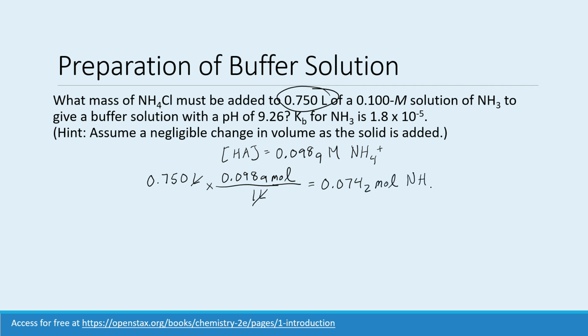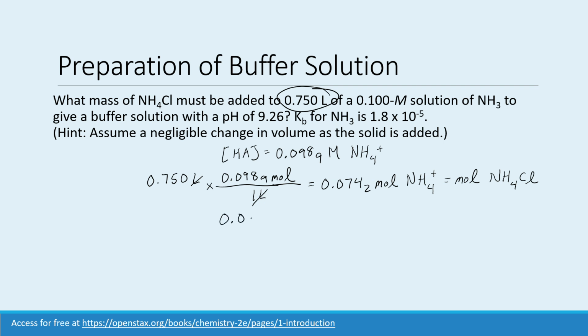moles. And remember that however many moles you have of that ammonium ion, you have the same amount of moles of the original compound, that NH4Cl, because it's all a 1-to-1 ratio. And so if I've got the moles of the salt, then to find the mass, I simply use the molar mass.